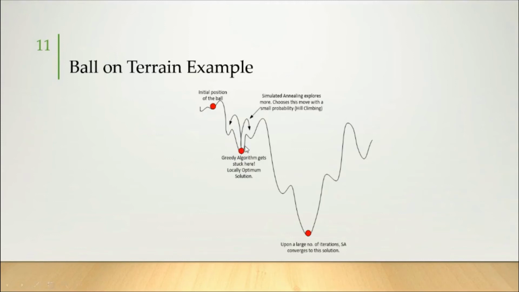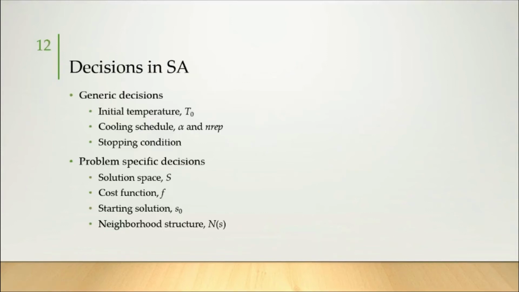So this ball can move to this position, and then again in another move it may be able to go up and reach somewhere here, so that it can again come back, or it can move to this position. So that is the concept of the simulated annealing algorithm over hill climbing algorithms.